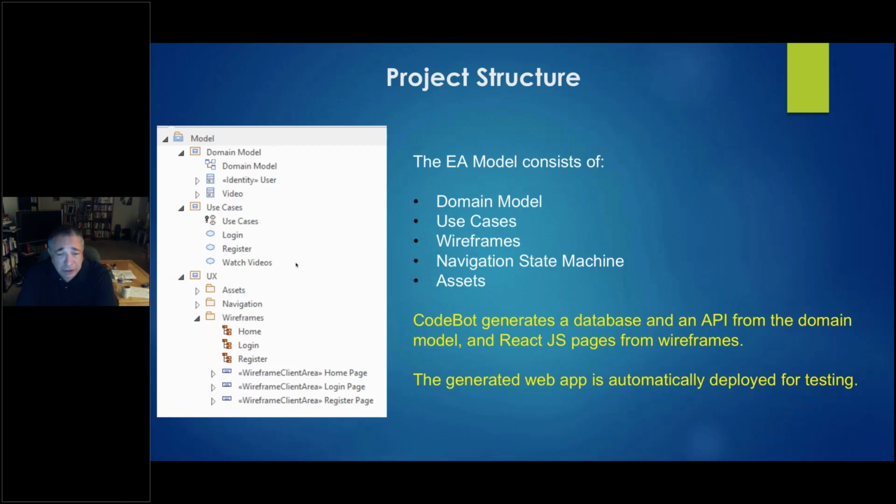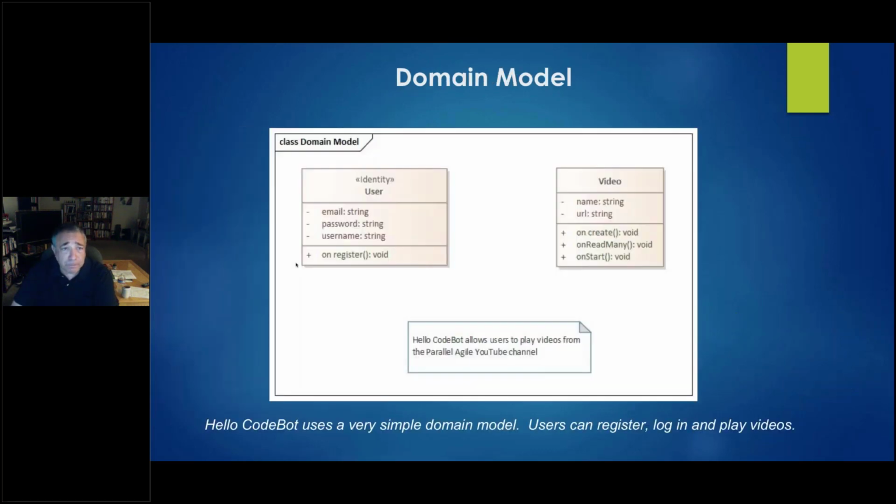You can take an EA model, compile it, and then the deployment process is like, you used to have a compiler and a linker, and the linker builds the web application and deploys it to the cloud. Then you get a button that you can click a couple minutes after you run CodeBot, and you're actually working with the generated web application, which lets you go really fast in terms of iterative development, and that's the whole name of the game here.